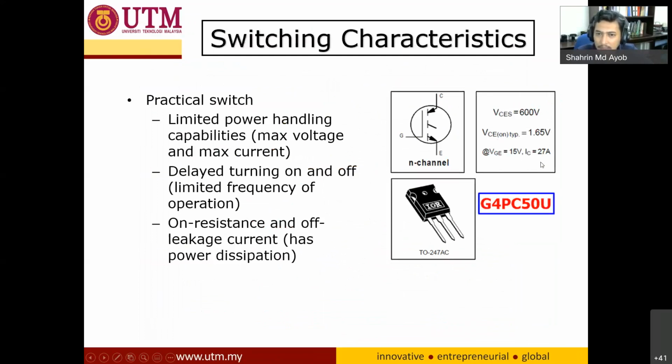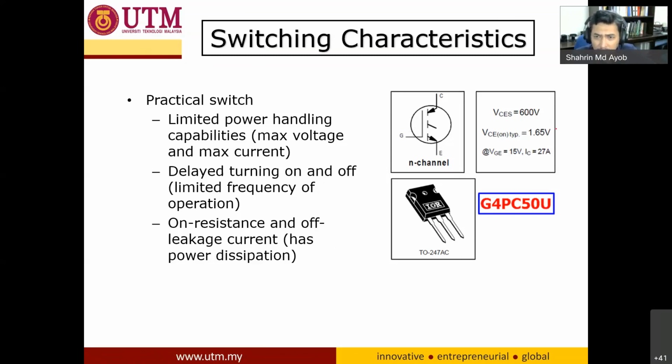And what is this other one? When you go to find out what is the suitable device, usually the transistor or diode, you need to look at these three parameters.